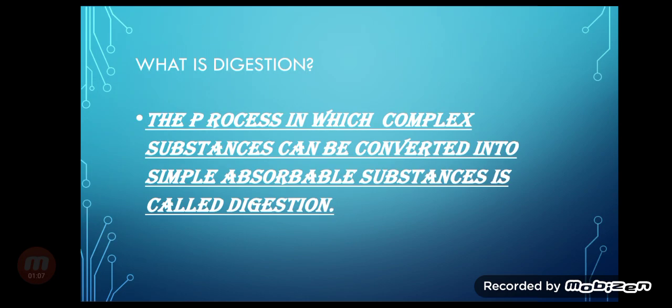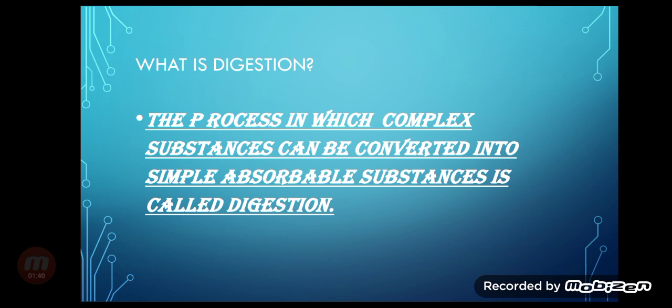Let's move forward. So let us see what is digestion. The process in which complex substances are converted into simple absorbable substances is called digestion. So digestion is a process in which complex substances, which means the food which is taken by us is complex, means complex nutrients are present, so they have to be converted into simple absorbable substances.